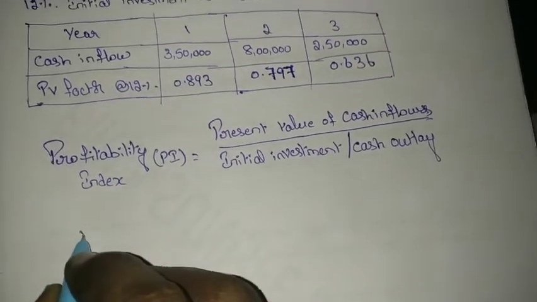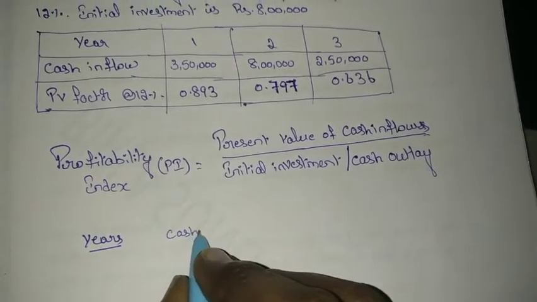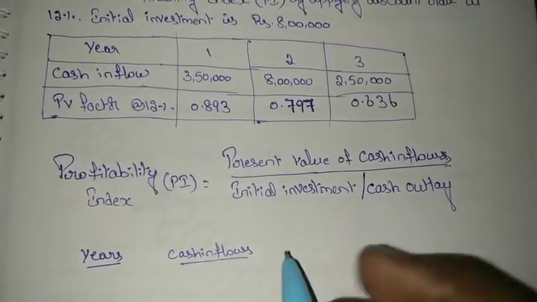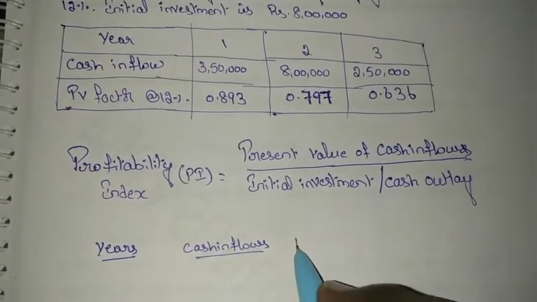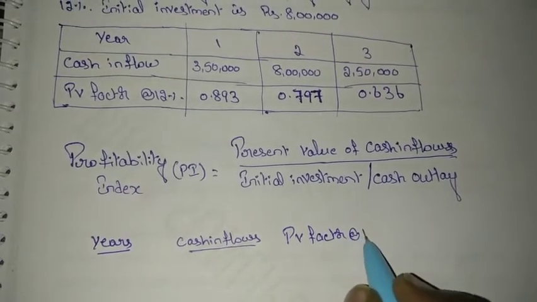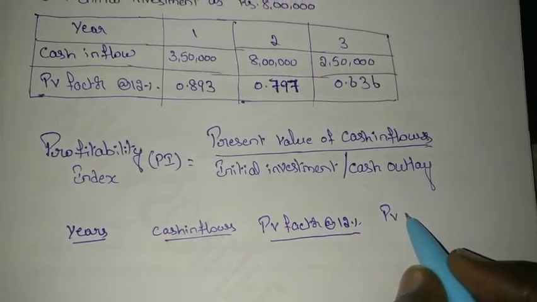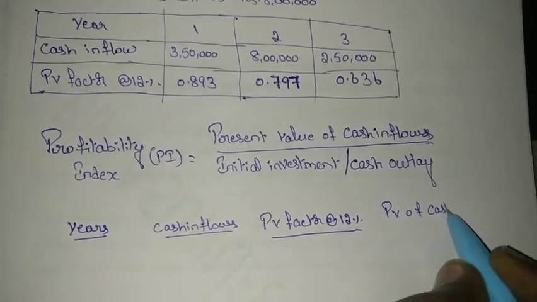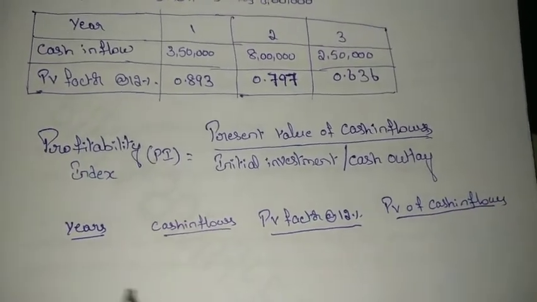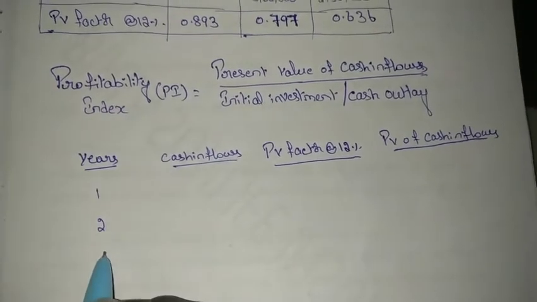First we'll take the year, cash inflows, PV factor at 12%, and then you'll get the present value of cash inflows. Here we have the information for 3 years: 1, 2, 3.